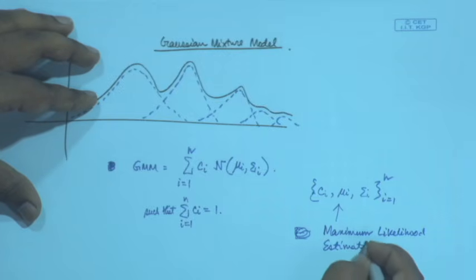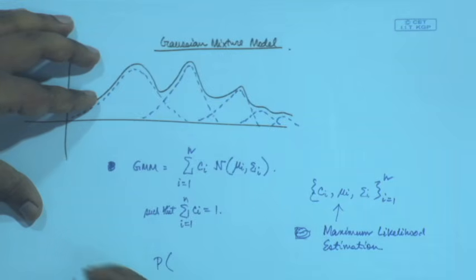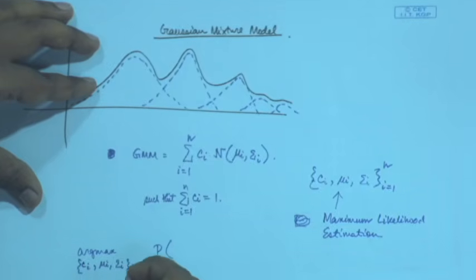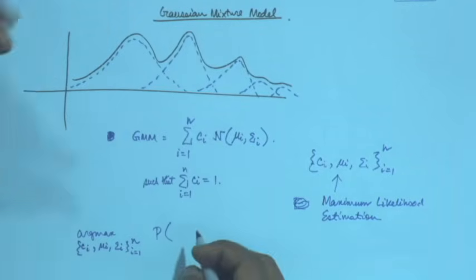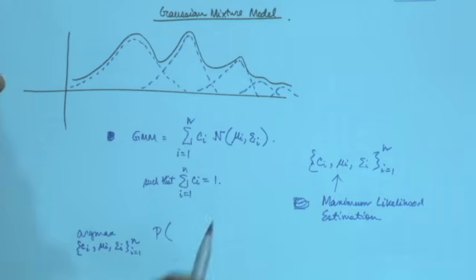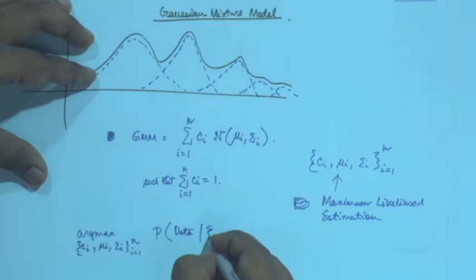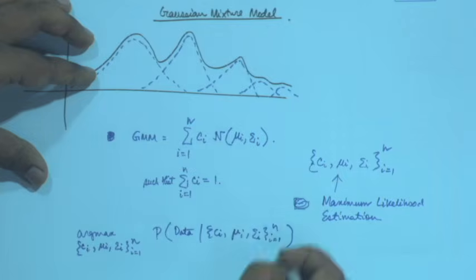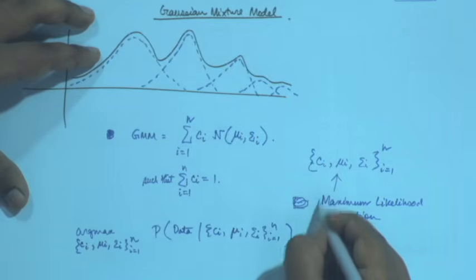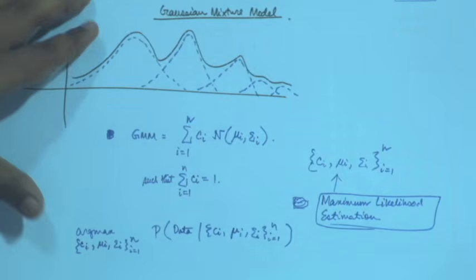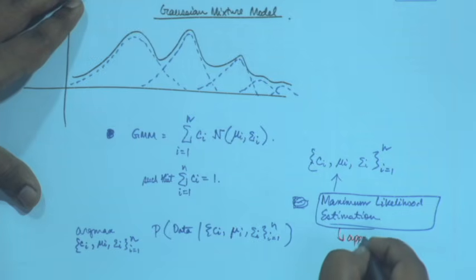in which you find the argmax over the parameters Ci, mu i, sigma i, i equal to 1 through n, that particular combination of parameters which maximizes the probability of the data given the parameters. This is the maximum likelihood estimation.